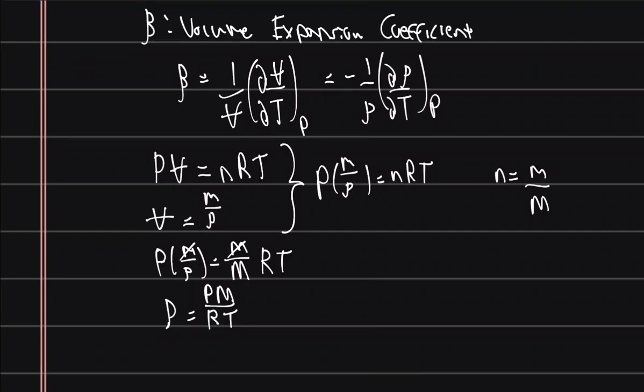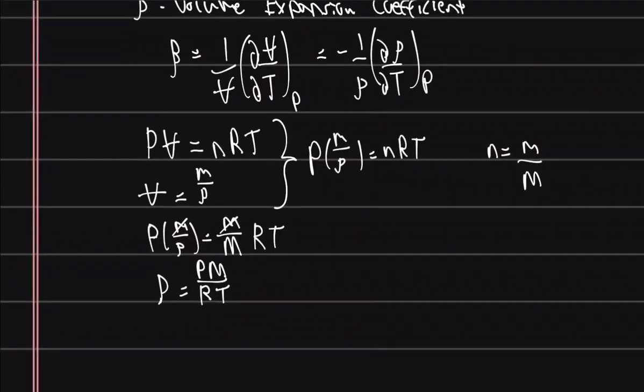We have this differential in here, so we're going to put this together piece by piece. So this differential, the derivative of the density with respect to the temperature, we're going to treat everything else as a constant.